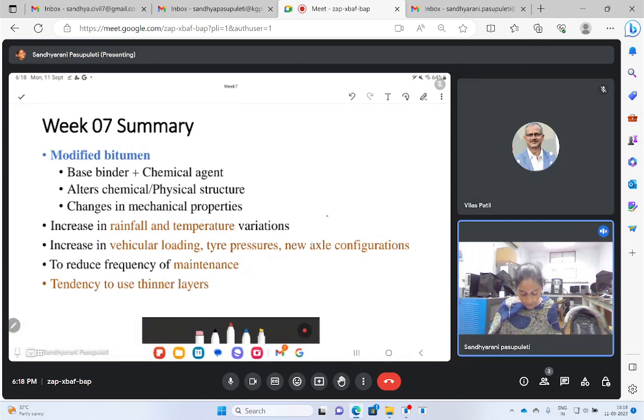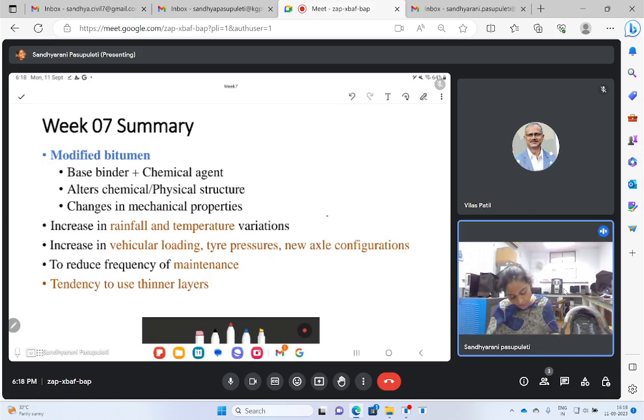When we have been using these conventional bitumens over the years, what we have understood is that when the axle load spectrum has changed or the traffic loads have increased, the pavement could not take the stresses generated by these heavier traffic loads, along with changing environmental temperature and moisture damage. Thereby, in order to compensate for these failures in the pavements, we are supposed to modify the bitumen.